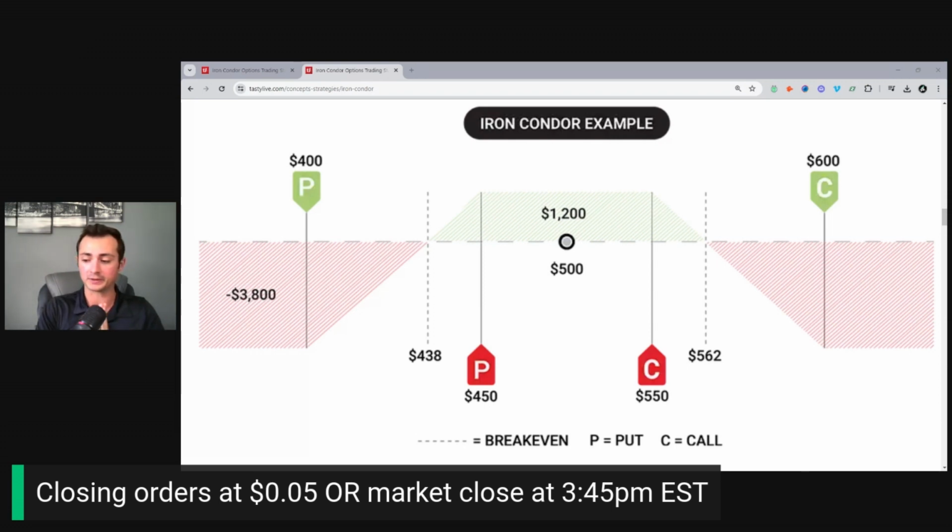Now, typically, and this is just speaking from experience, we will see at least one leg of the Iron Condor close before 3:45 p.m. Eastern. Now, we close the other leg at 3:45 p.m. Eastern to avoid assignments.